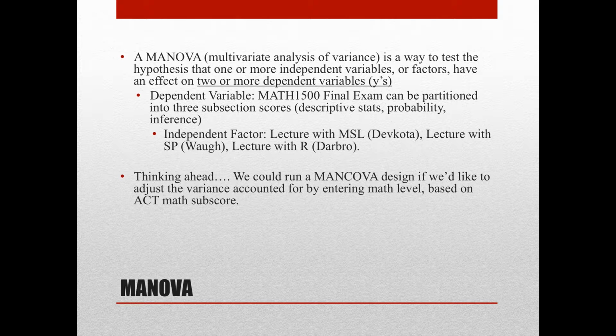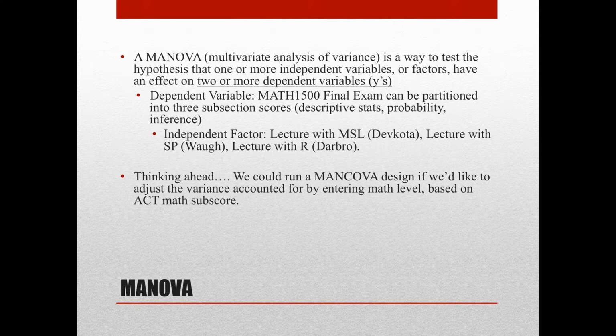Well, we would conduct multiple ANOVAs, and we get into a statistical dilemma here. If those dependent variables, descriptive statistics, probability, and inference, are highly correlated, then we run into some issues doing that.